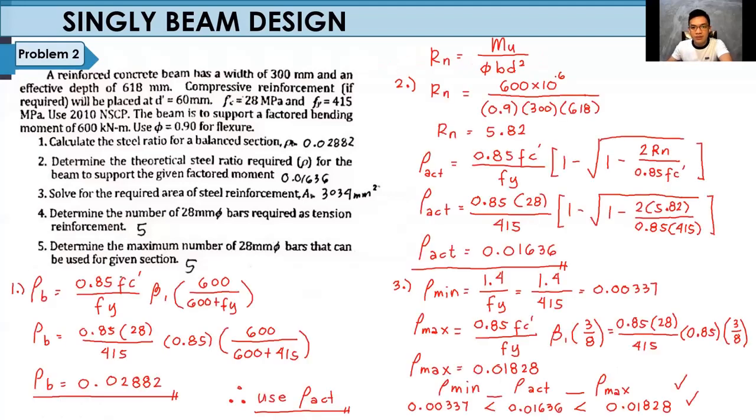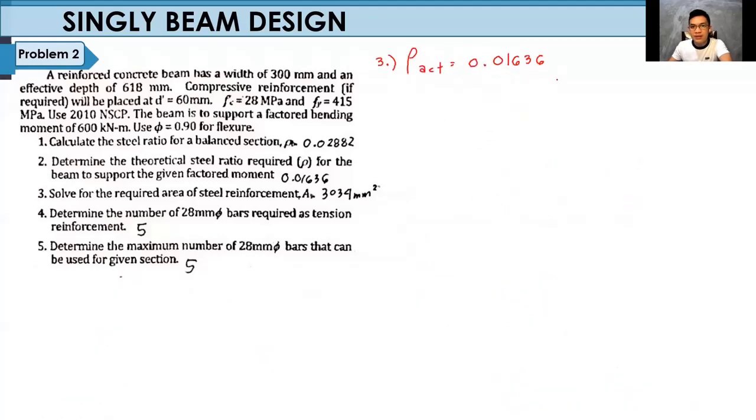Check natin. Kunin natin yung ating area ng steel divided by yung ating bd. Di ba? So, that's our formula. Okay? So, therefore, area ng steel is equivalent to rho actual times bd.